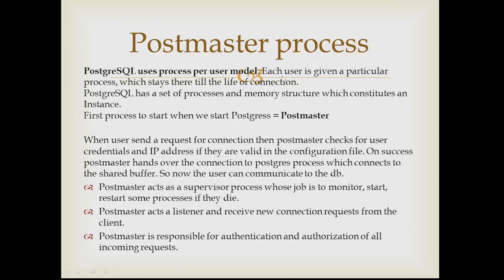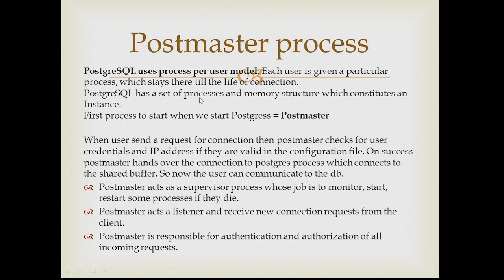If there are 100 users accessing Postgres, there will be 100 processes. One process for one user, so 100 processes for 100 users. Everything a user does with the database goes through that particular process.